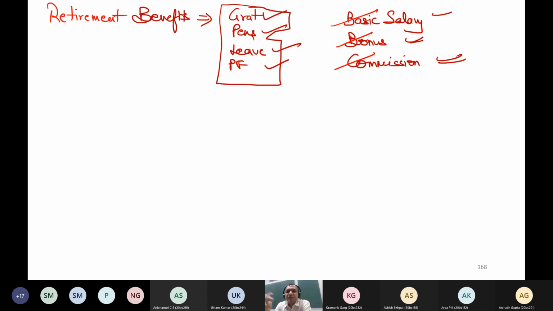So I hope the concept is clear that these are not the only items which are earned by the employee from the employer. There may be lakhs of items which are fully taxable. I will be discussing only those items in which there is some exemption available. Please raise your hand if you have understood this point.